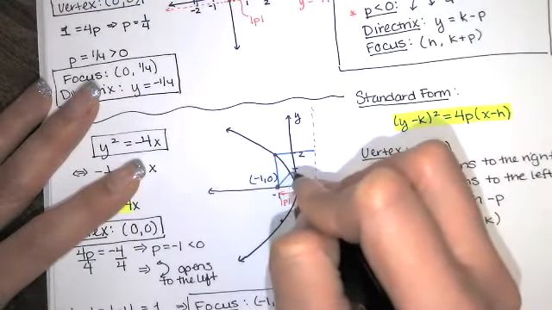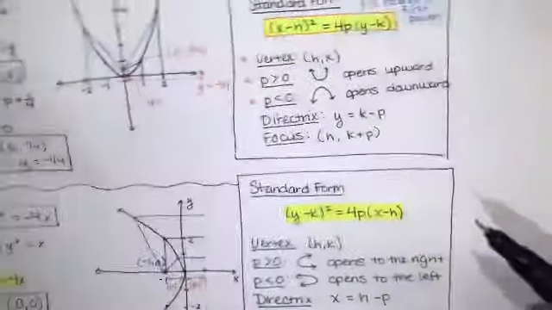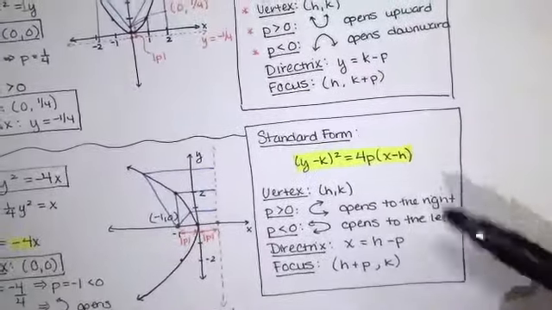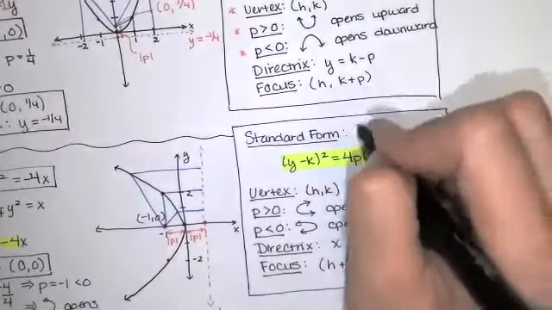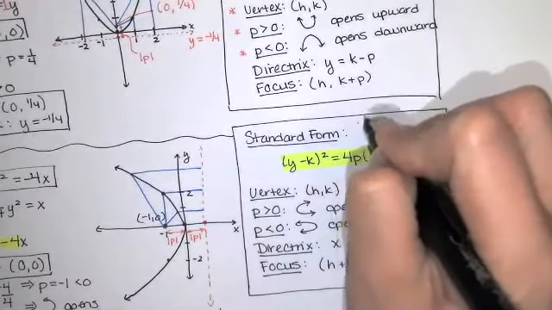Now, when you're finding equations of conics, most of the time they're not written in standard form, so you've got to complete the square to write them in standard form. But we know that the graph opens to the left or right whenever x is raised to the first.